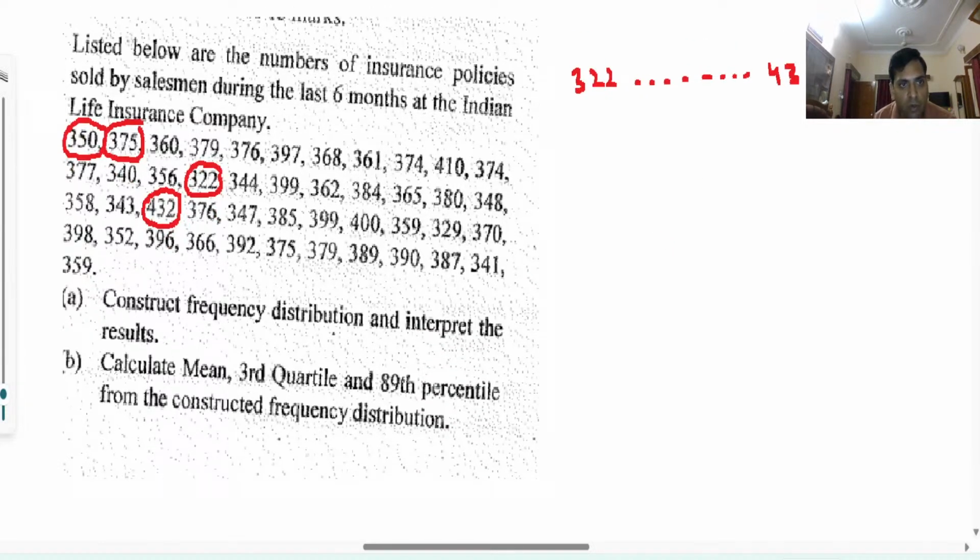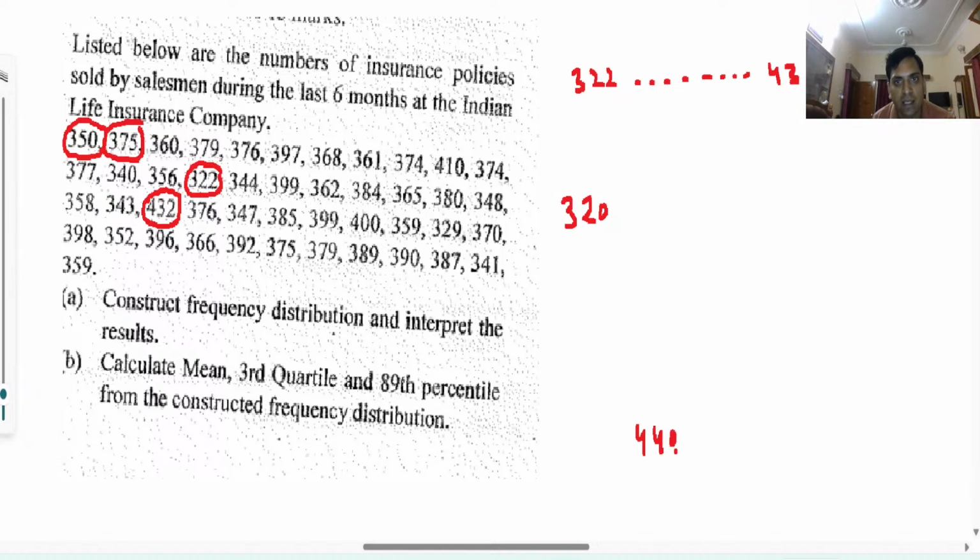So first we need to construct the frequency distribution. We will create intervals on the basis of the minimum and maximum quantity. In this data set, minimum is 322, highest is 432. So we can start the interval from 320 and go up to approximately 440.